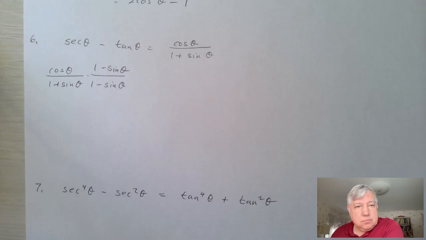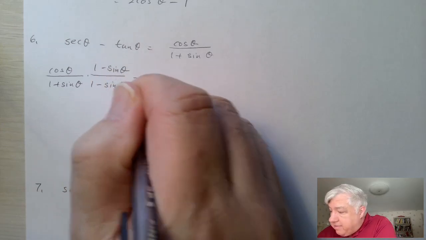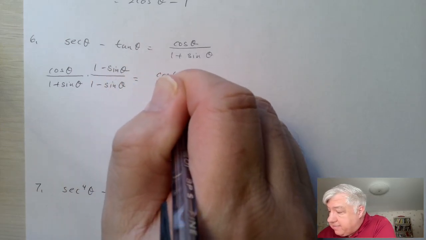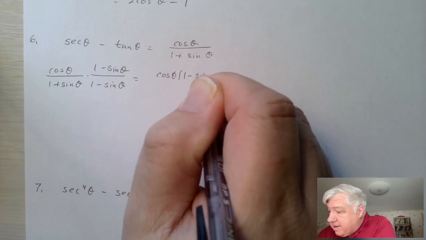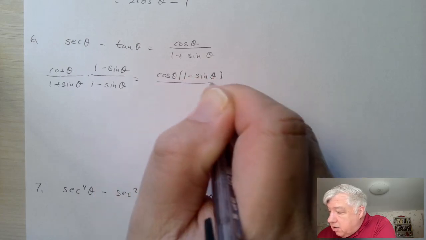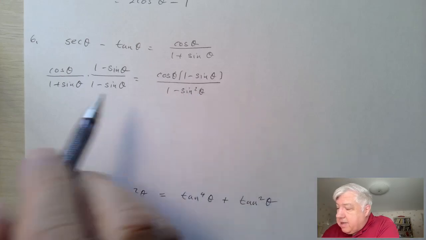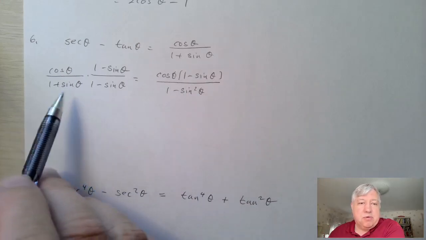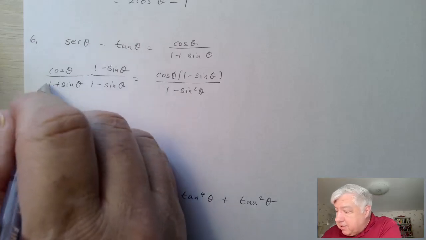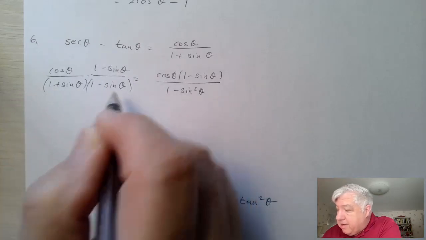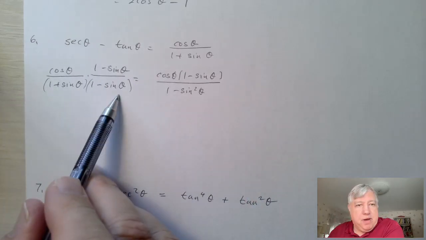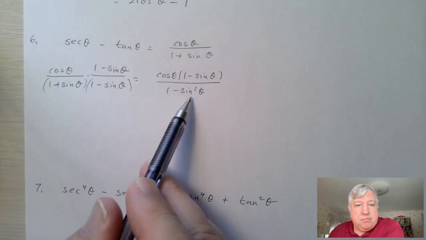Okay. So if we do that, then we get cosine theta times 1 minus sine theta all over 1 minus sine squared theta, because this is the difference of two squares. Something in the form of a plus b times a minus b gives you a squared minus b squared.